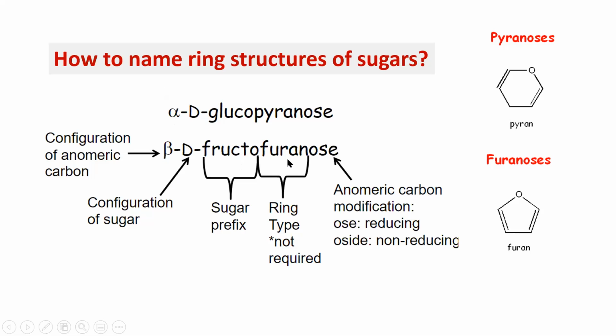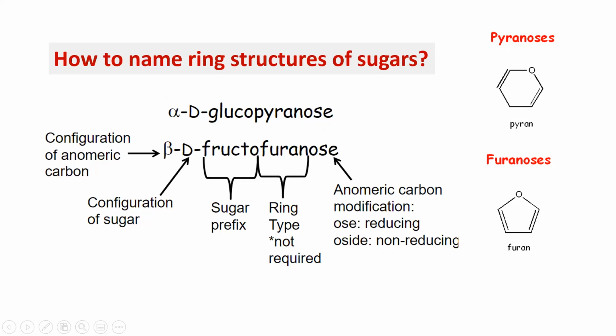What is the ring type, pyran or furan? If you see here, furan is the 5-membered and pyran is the 6-membered. And since it is a sugar, we end with -ose. So this is how we name the ring structures of the sugar, by calling them alpha-D-glucopyranose or beta-D-fructofuranose.